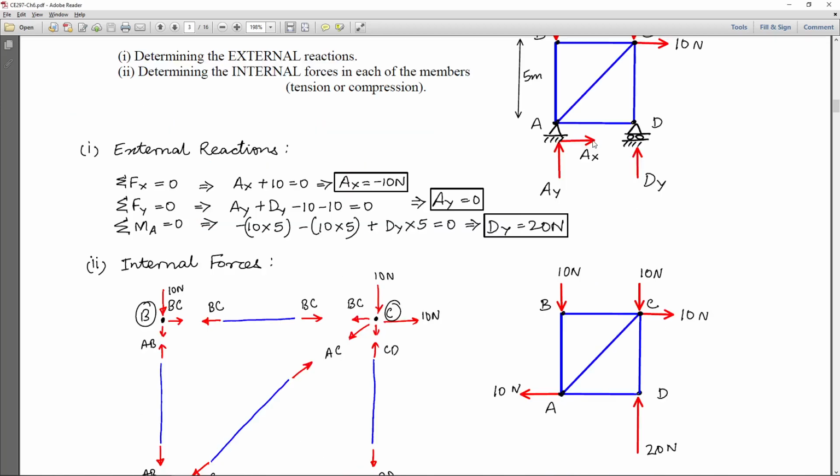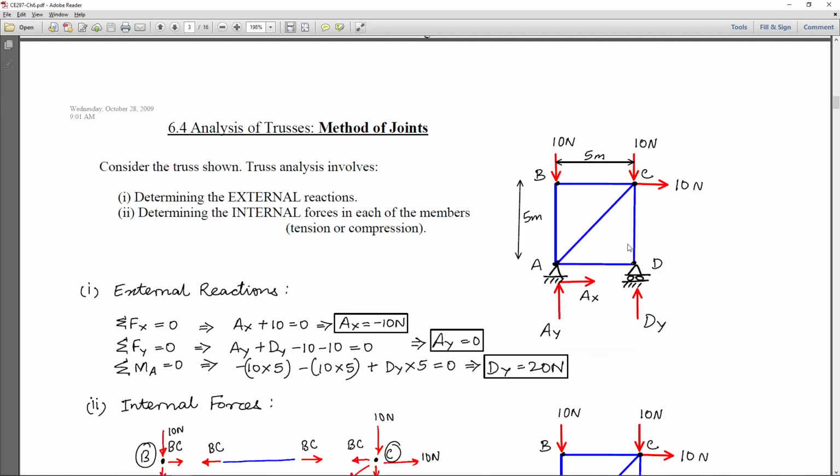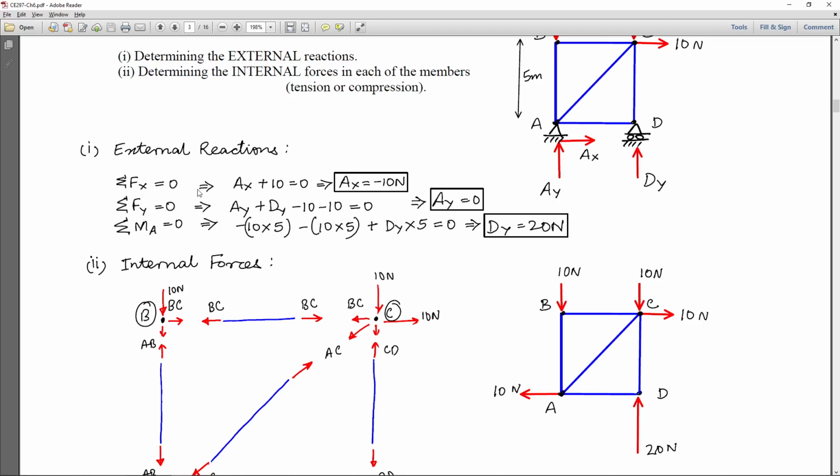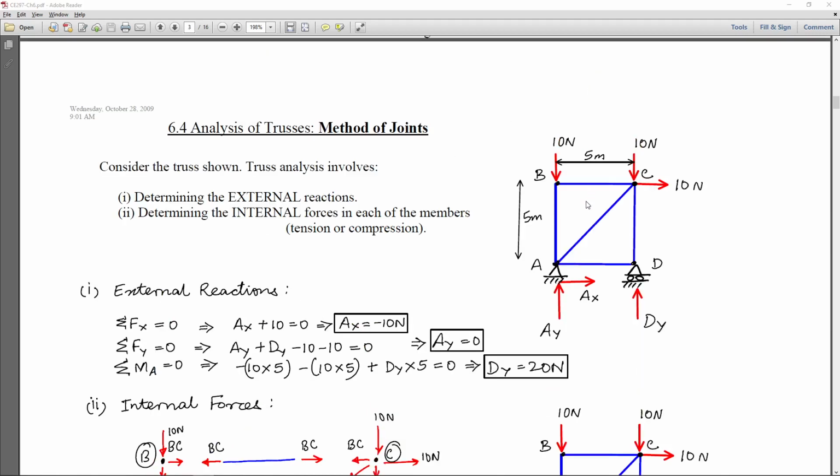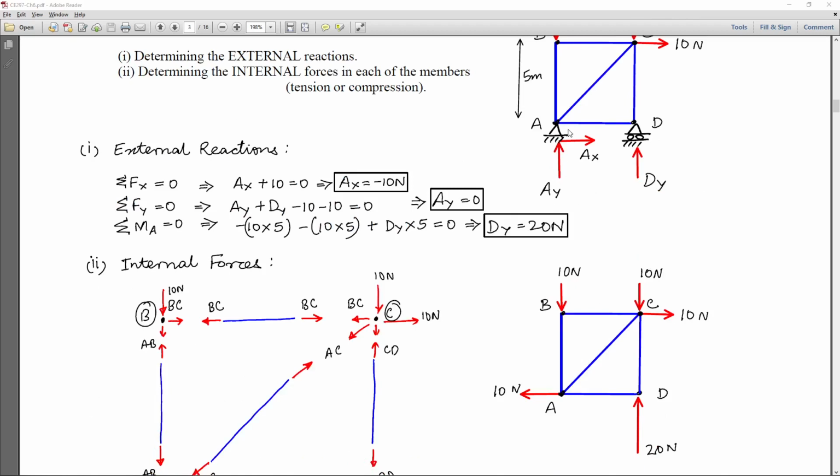So we'll check the external reactions. Getting back to this, we could see we have reactions in the vertical and horizontal.